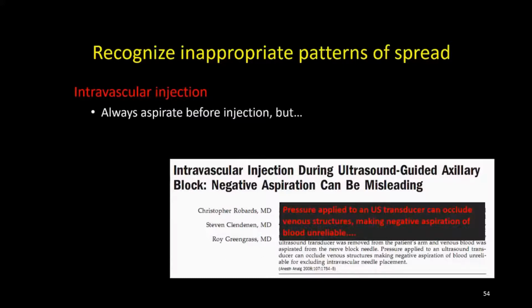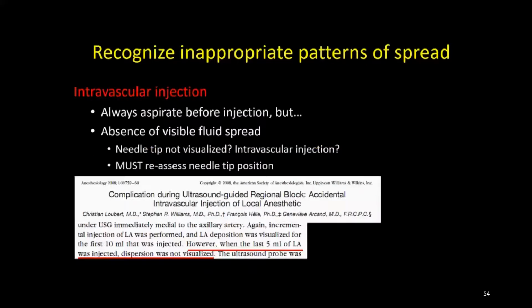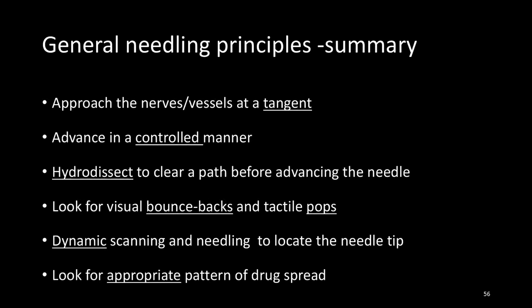If nothing is coming, we are still not sure that it is not an intravascular injection. So in case we are not seeing a visible fluid spread and we cannot visualize our needle, or we are thinking that it is becoming an intravascular injection, we should always reassess the needle tip position, and then go for the drug deposition again.